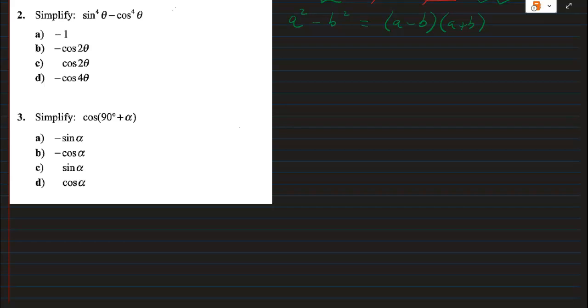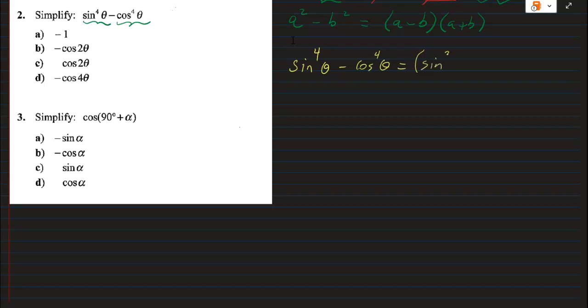Here we have sine to the fourth theta minus cos to the fourth theta. In this case, we're going to break it up.